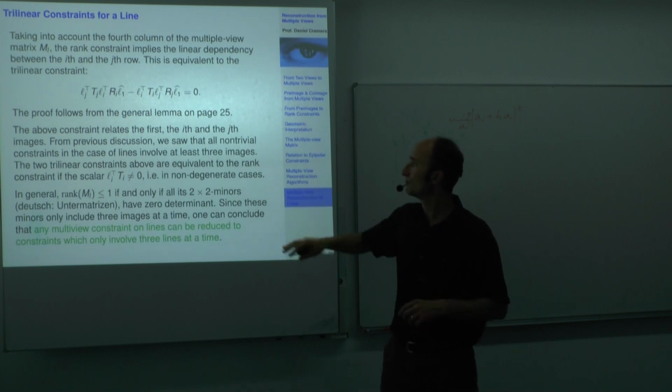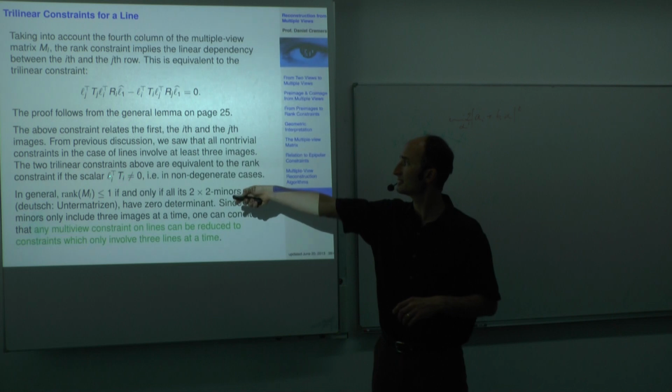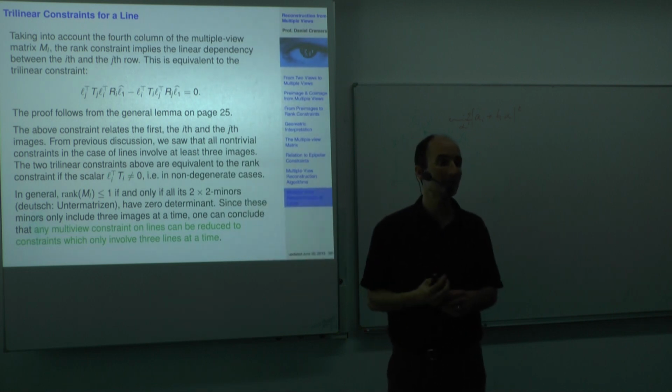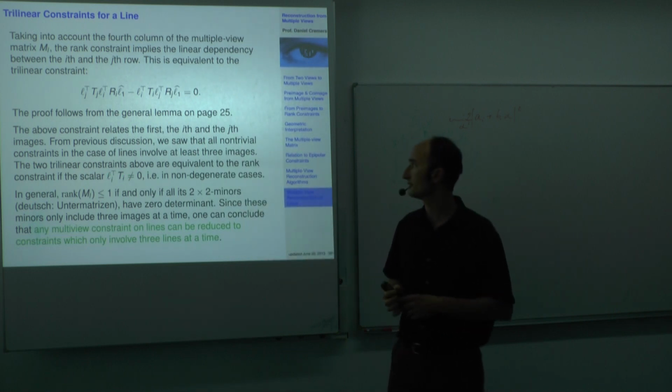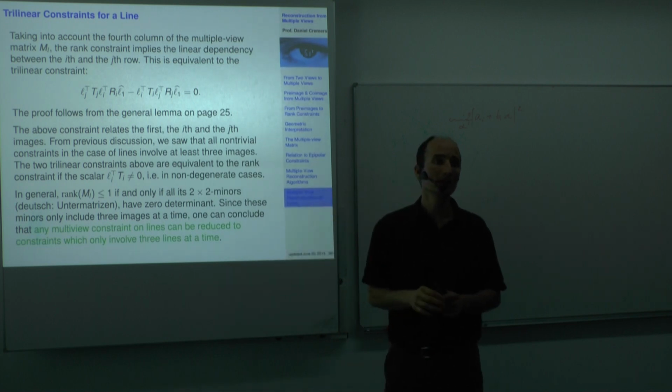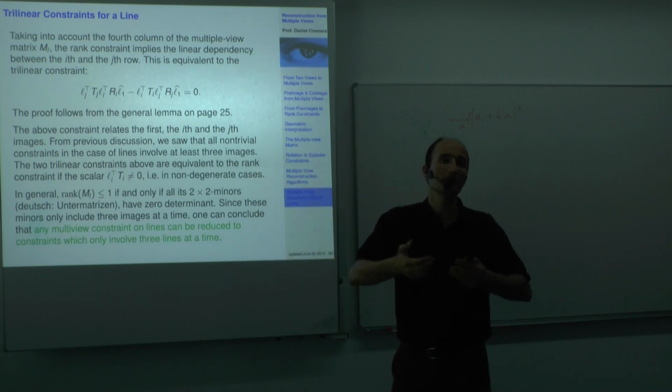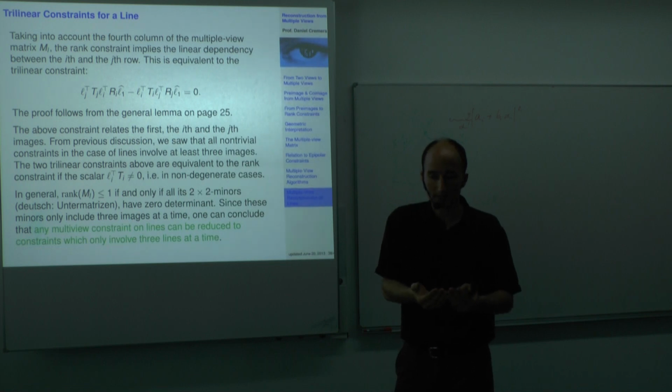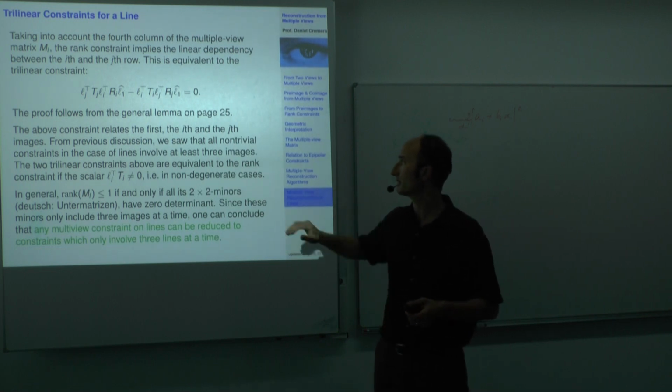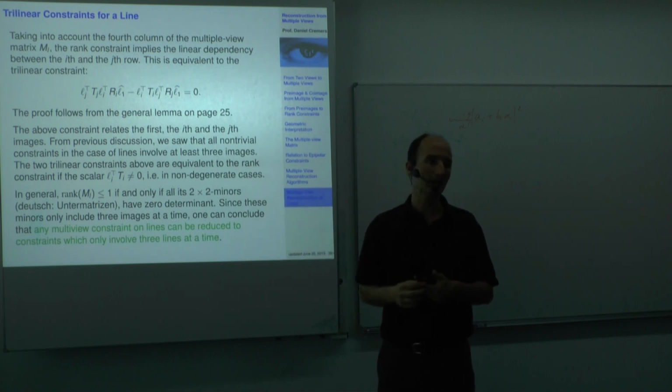And so one calls this case, if this is 0, a degenerate case. And degenerate cases are usually not good, much like in the 8-point algorithm you have degenerate cases. For example, if all points live on a plane in 3D. So there are various kinds of degeneracies, and the issue is that in real-world scenarios they typically don't arise.